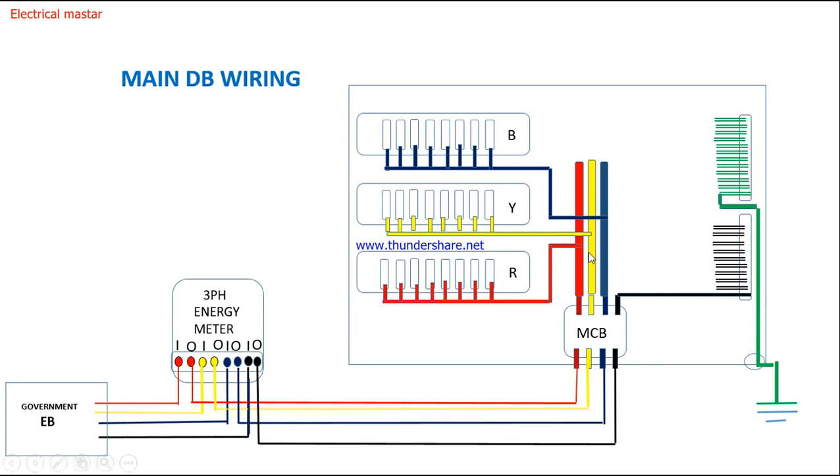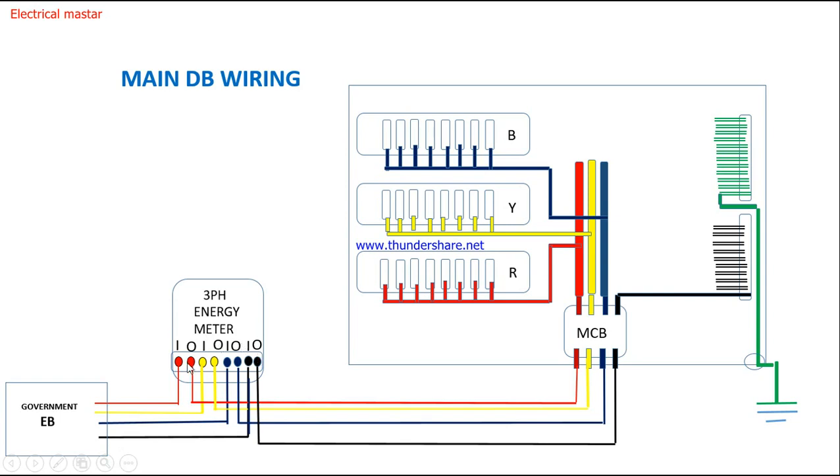Clear? So now we will see how this incomer is receiving power. This incomer is receiving power from the electric poles or government EB supply. From there we get 3 phases with the neutral. Here our energy meter will be there. For a 3-phase energy meter there will be 8 poles, 4 incomer and 4 outgoing.